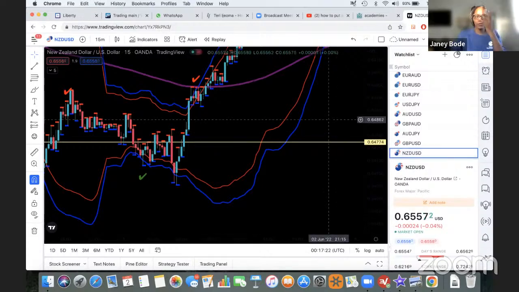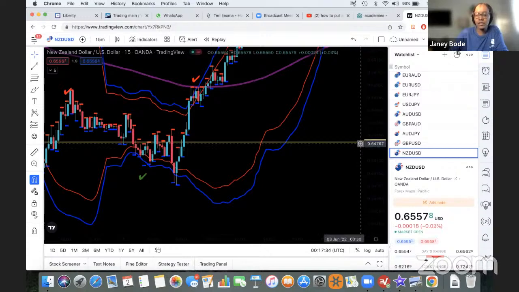So let's say they're telling you the trade is going to be 0.64660, or let me just say 0.64774. Where I put the alarm, I don't put it right on 774. I put it before. Why? It allows me to have time to react, logging into my phone or my computer and take the trade.